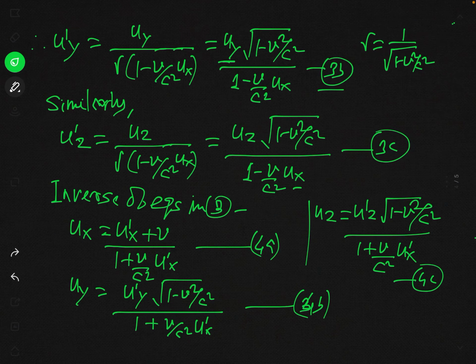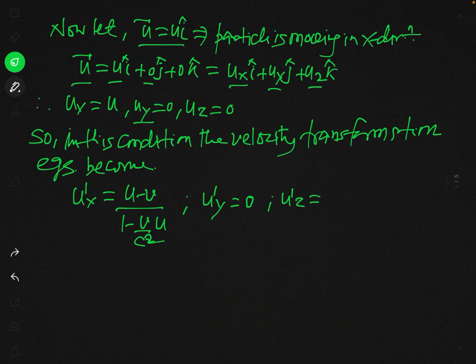In the transformation equation 3c, u prime z is equal to uz into root over this much. But this uz is now 0 in accordance with our consideration, and so this is also 0. So what you are seeing here is that only the x component of the velocity of our particle in frame S prime is non-zero, and the other two components are 0.